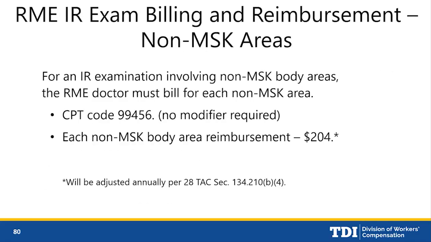So non-MSK body areas, again, found in the AMA guides, you're going to refer to that. Each non-MSK body area, there's no limit on the number of units. So 99456, and each would be billed at $204, and each area reimbursed at $204.